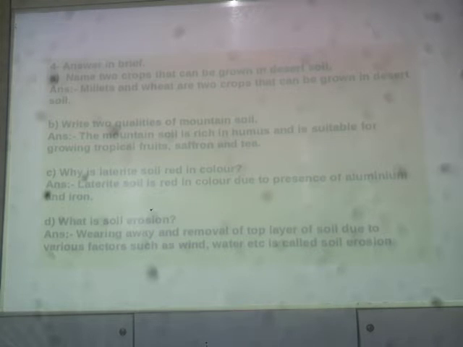Yes, like wind, water, ice, glaciers and other things. So it is the wearing away and removal of the top layer of soil due to various factors such as wind, water, etc. that is called soil erosion.